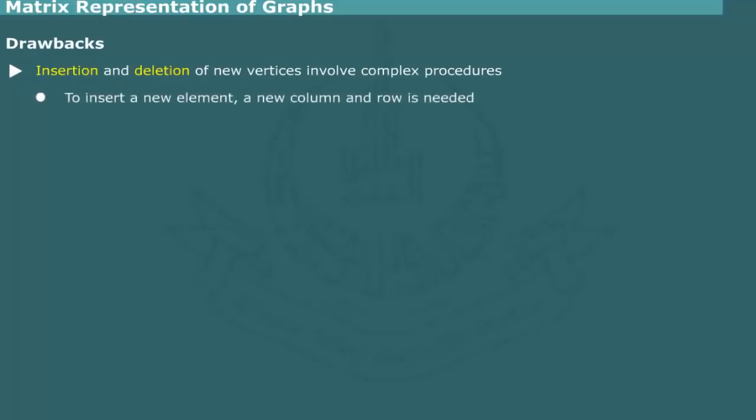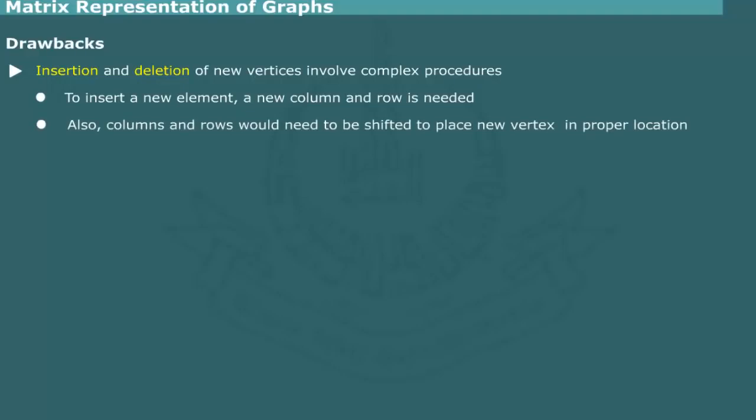A drawback of matrix representation is that insertion and deletion of new vertices involves complex procedures. To insert a new vertex, we would need to add a new column and a new row. Also, the columns and rows would need to be shifted to place the new vertex in the proper location.